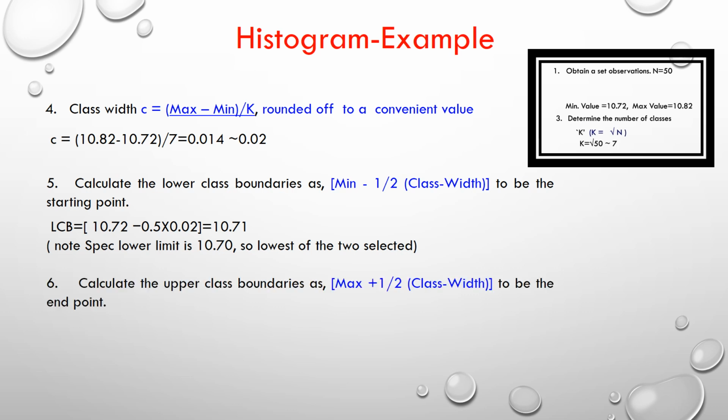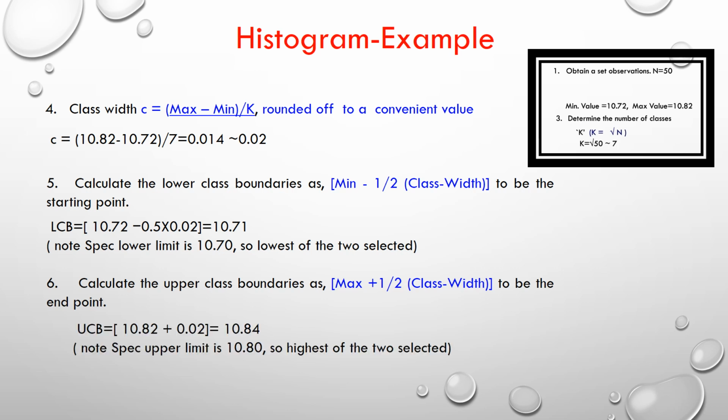Then calculate the upper class boundary. As per the formula, the maximum value in the data set plus half of the class width. After calculation, UCB is equal to 10.84. But take the highest value between the specified upper limit value and the upper class boundary value.